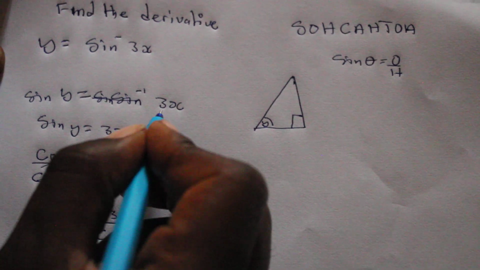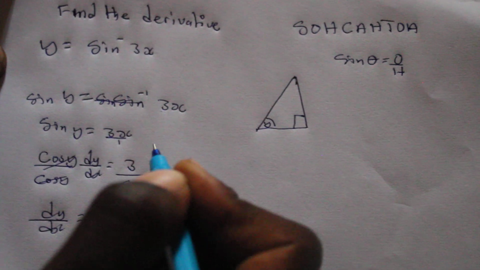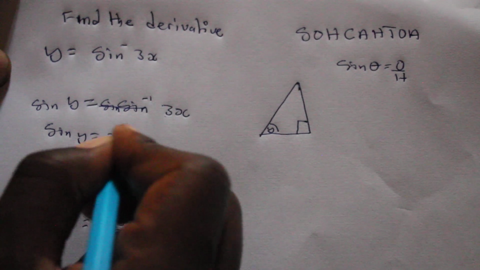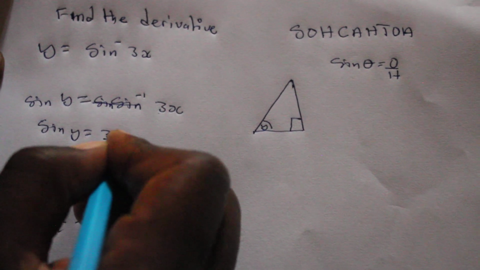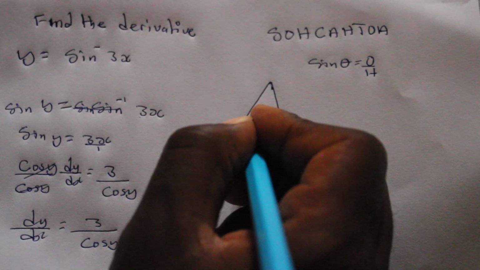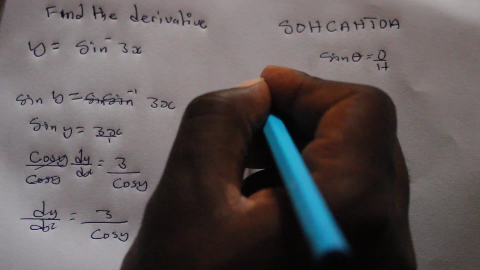So this is the same as having denominator 1. The numerator is opposite, then hypotenuse is 1. So if you put this angle as y, then opposite is 3x, and hypotenuse is 1.